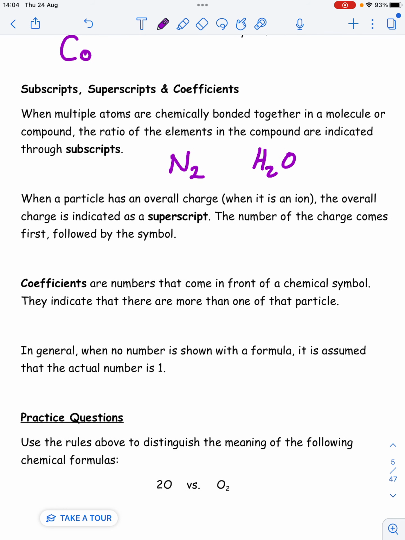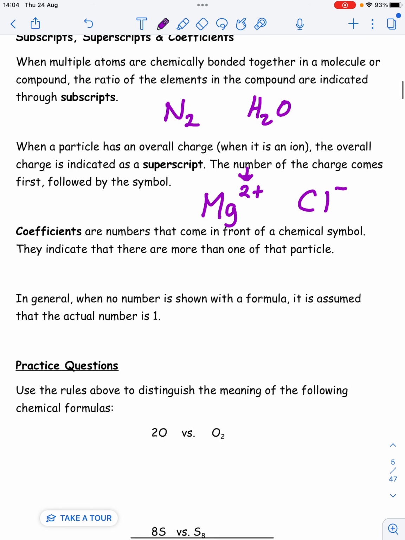Superscripts are what we're going to do for charges. So like when we saw that magnesium ion, Mg, the charge gets written like that. If it's just a single charge, we usually leave the number out. If it has more than a single charge, like a 2 or a 3, the number comes before the charge symbol, which is a little weird, but that's the convention.